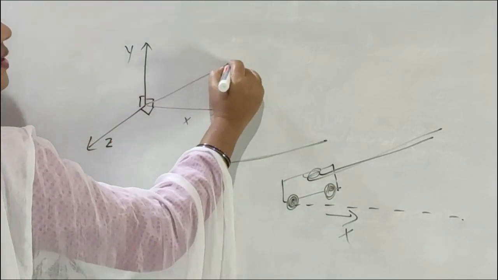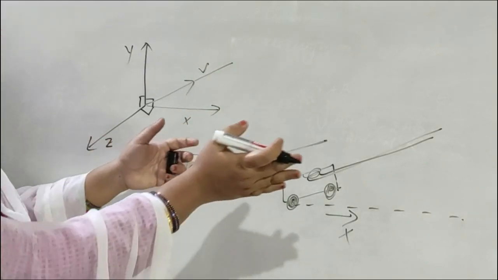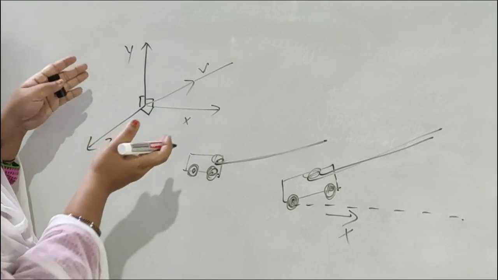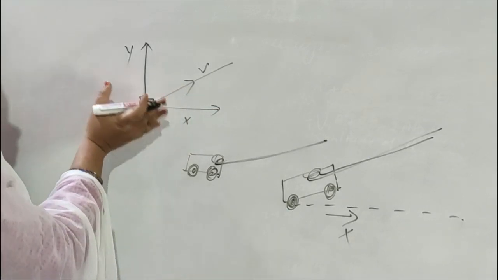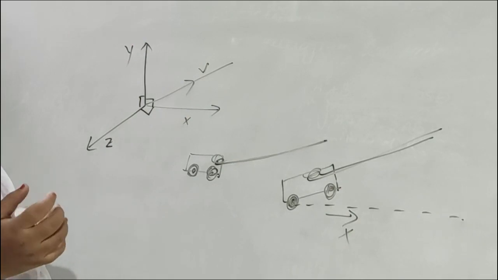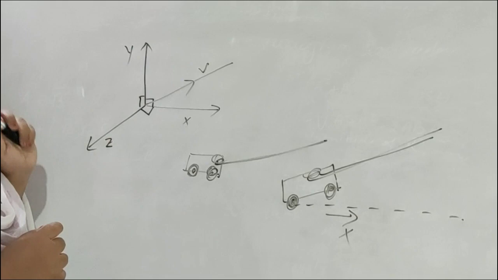So the vector is going like this. It moves in the x direction and in the y direction too. The motion is in both components, x component and y component.